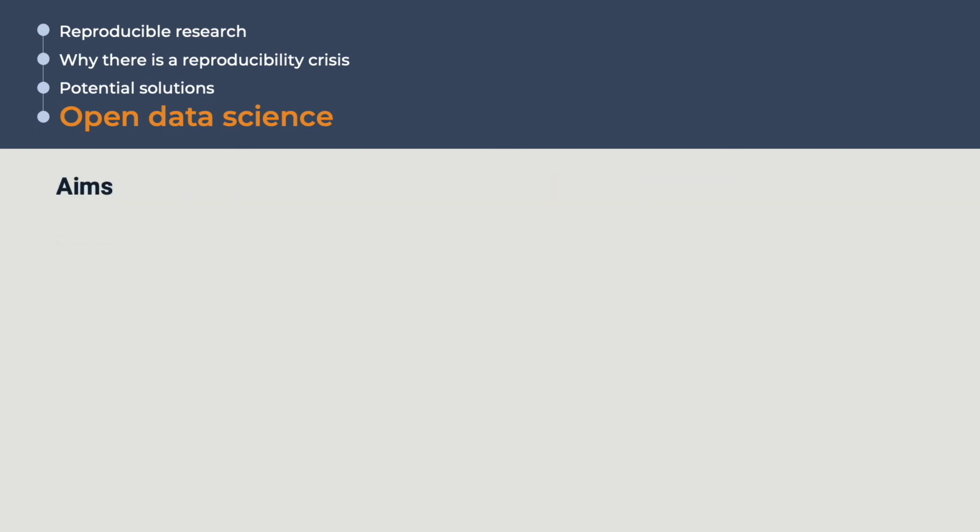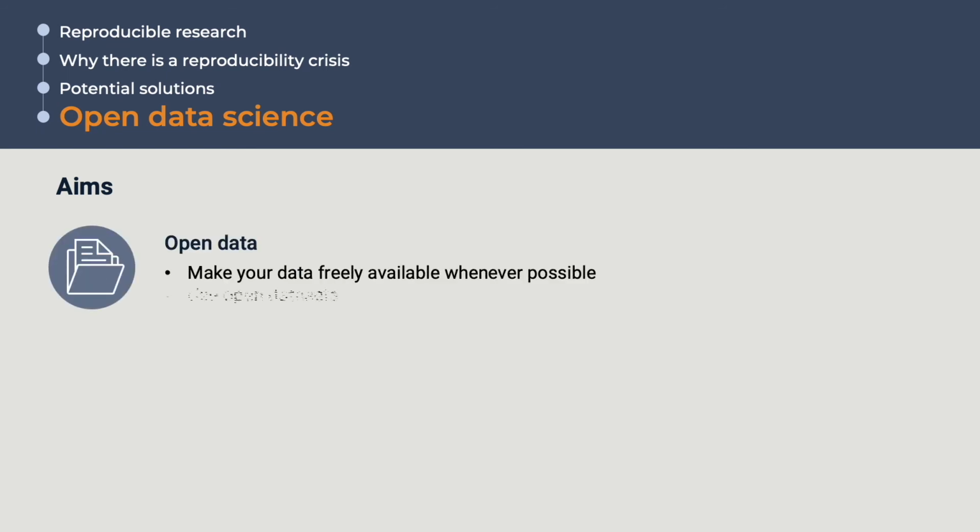Open science aims to make the data, source software, and output of research open and available to everyone. Whenever possible, we should try to make our data freely available and share them in an open data repository, and we should prioritize the use of open datasets which are already freely available to researchers.